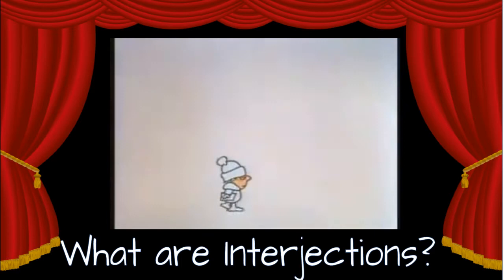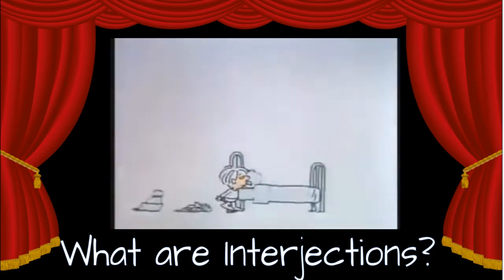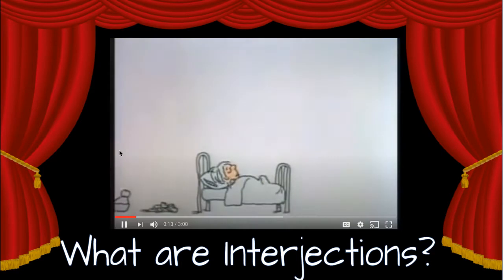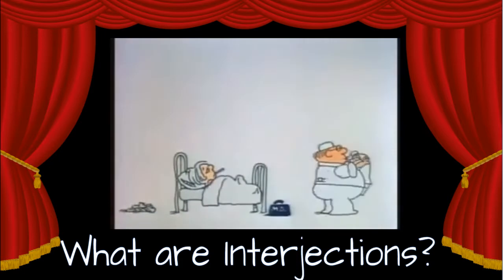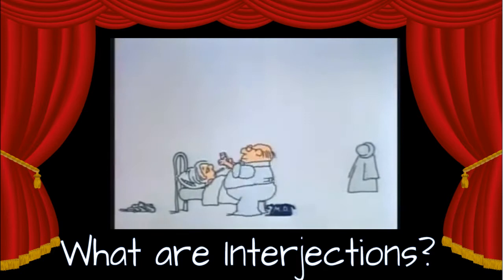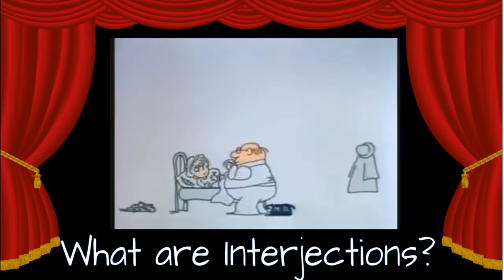Anyway, interjections are like eheu, ugh, things that show emotion or excitement, right? Gee, hello, wow, the other words that are profanities that we hear a lot. Those are interjections.